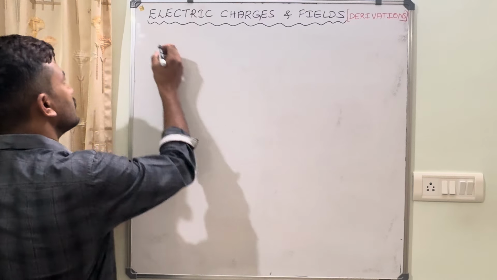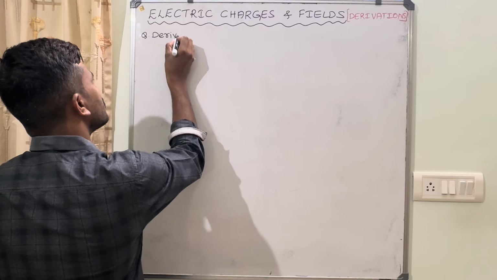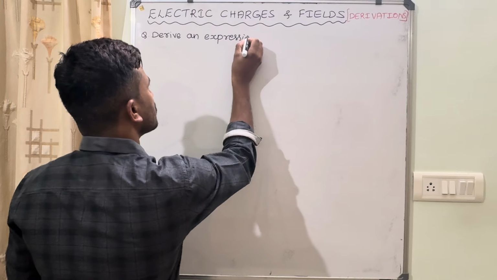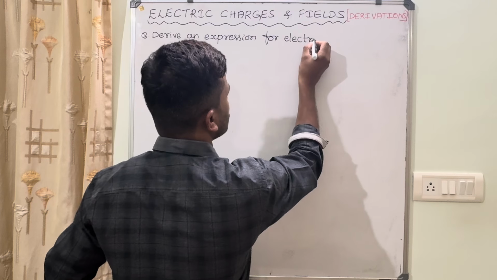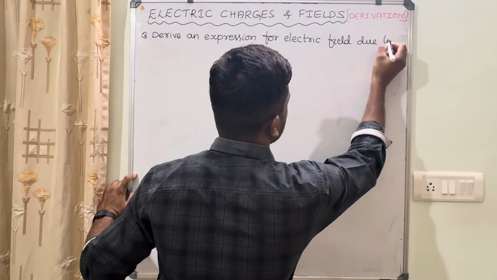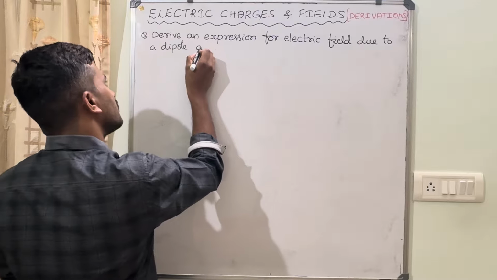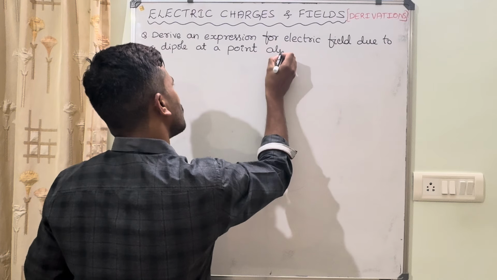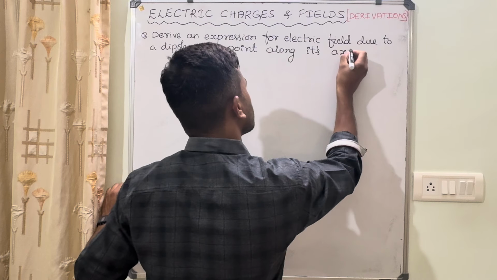First one, the question will be like this: derive an expression for electric field due to a dipole at a point along its axis.